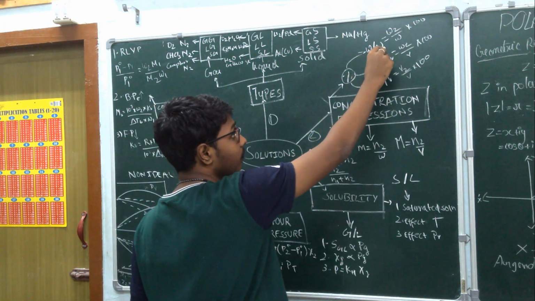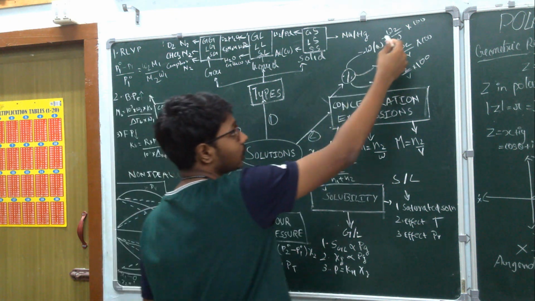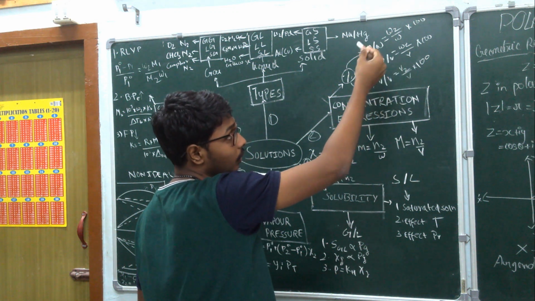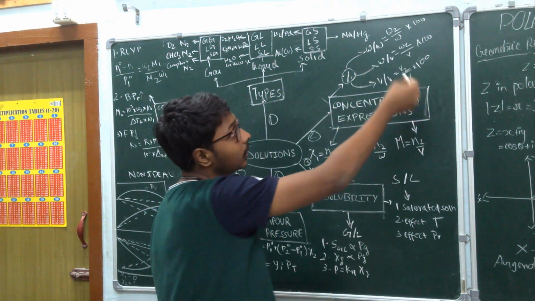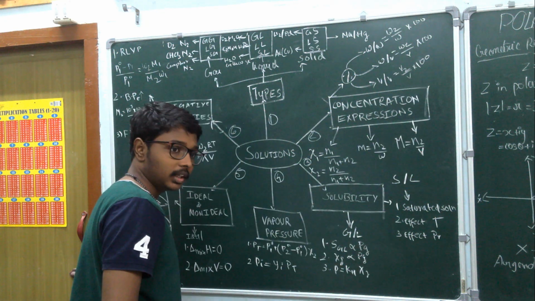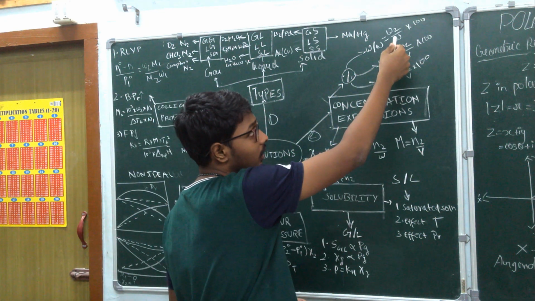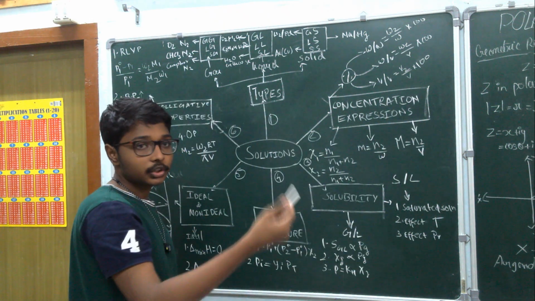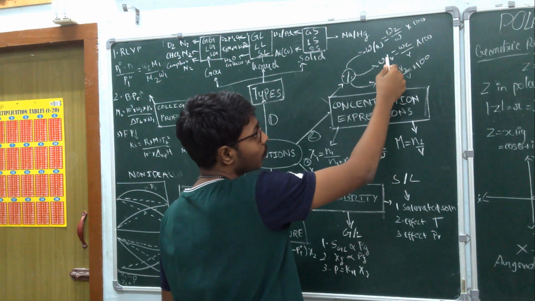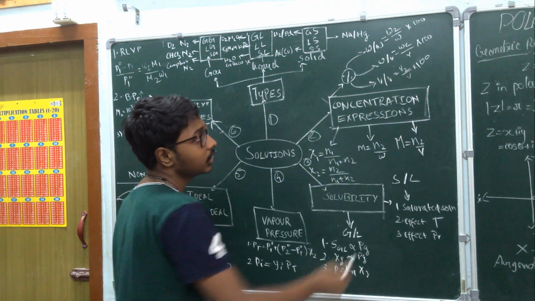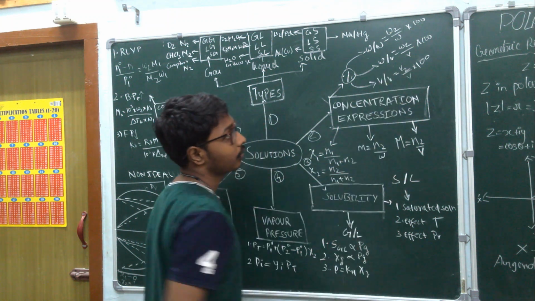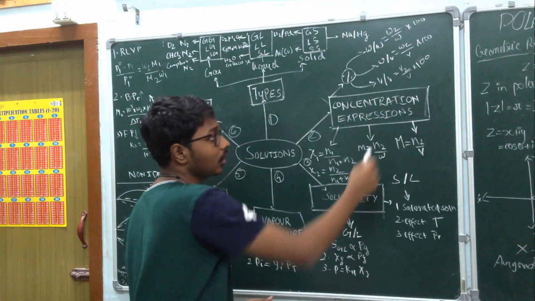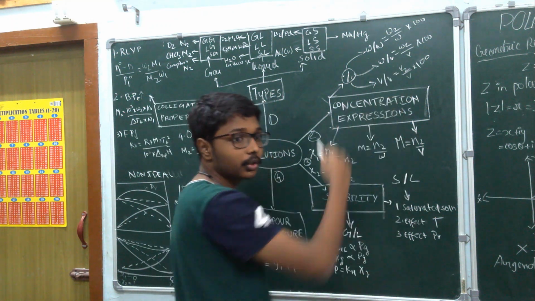First is weight by weight percentage, which is weight of solute by total weight of the solution into 100. Total weight is represented by W1 plus W2, which is solvent plus solute. Next is weight by volume, which is weight of solute by volume of solution into 100. And volume by volume is volume of solute by volume of solution into 100.